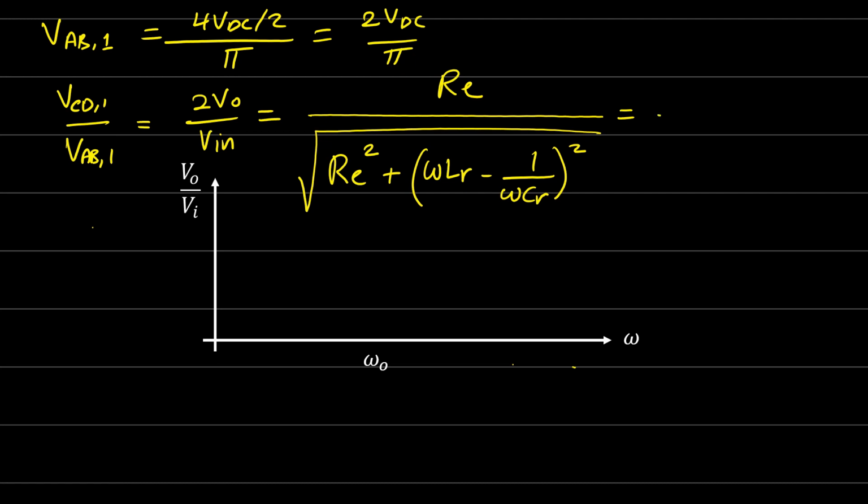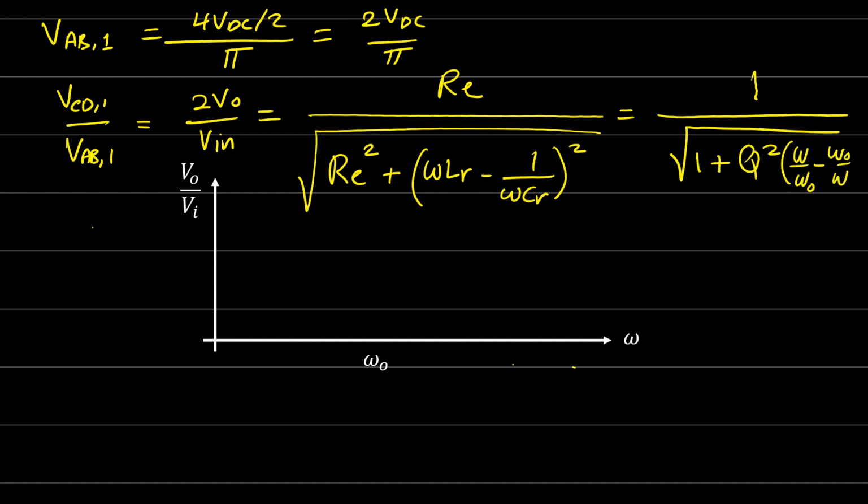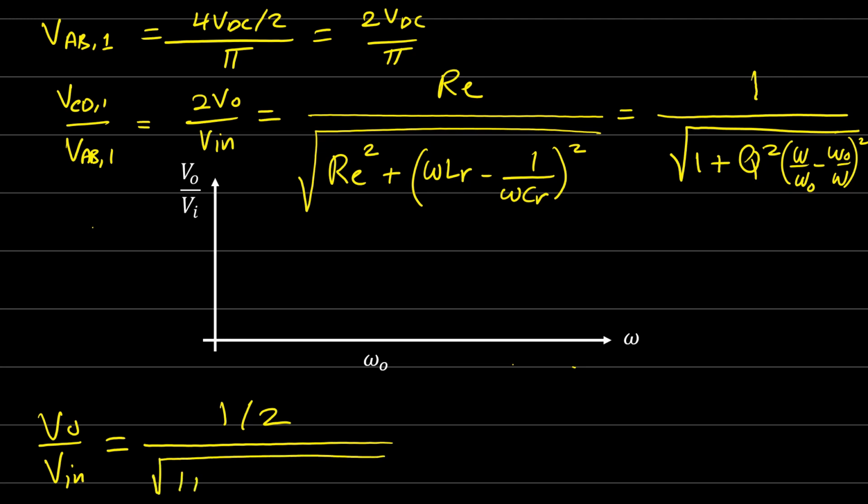And this is equal to 1 over the square root of 1 plus Q squared (omega over omega naught minus omega naught over omega_S) squared. Finally, we can say that V out over V_in is equal to 1 over 2, because we have just a half bridge inverter, times 1 over the square root of 1 plus Q squared (omega over omega naught minus omega naught over omega_S) squared.